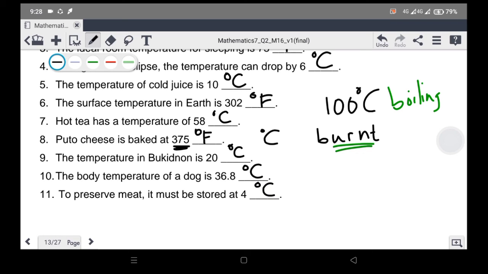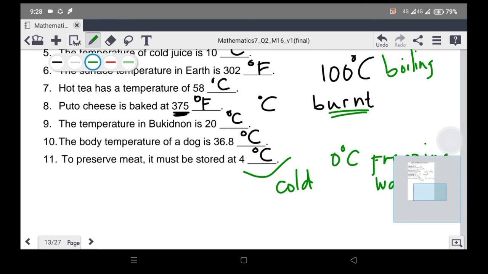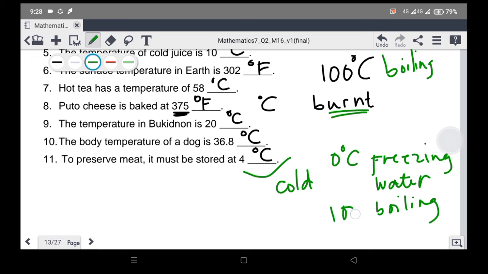A temperature of 4 degrees Celsius is somewhere cold because 0 degrees Celsius is the freezing point of water. This will be our basis on whether to use degree Celsius or degree Fahrenheit. The boiling point of water is 100 degrees Celsius.